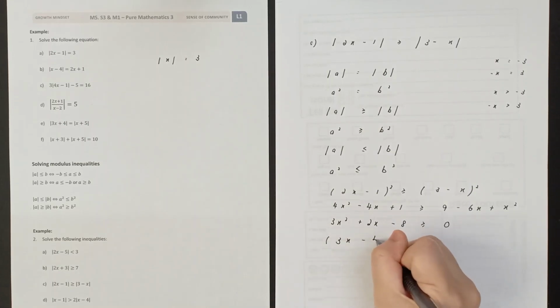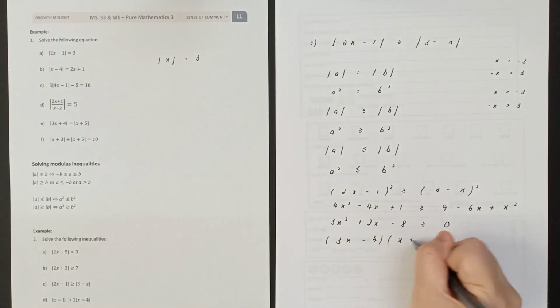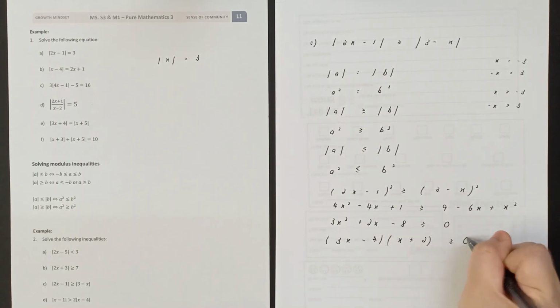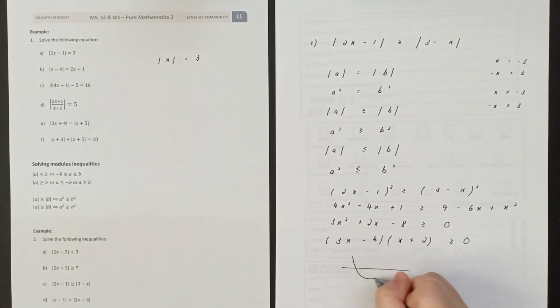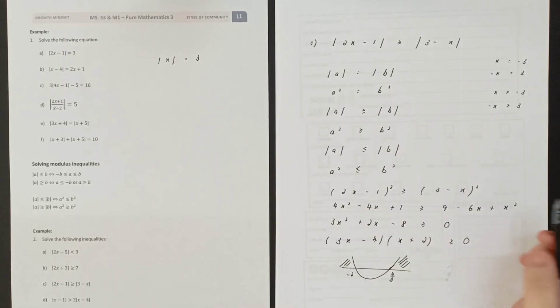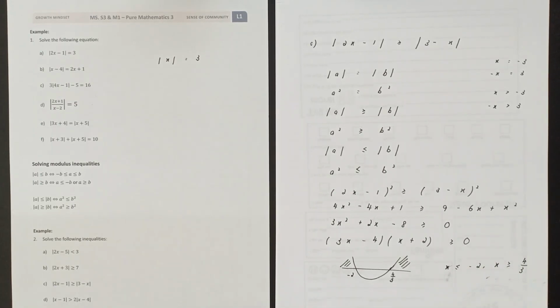So (3x minus 4)(x plus 2) greater than 0. Then you can draw the graph as usual. So -2, 4 over 3, greater than 0. So it should be this part and this part. So what is your x? Your x will be less than or equal to -2 or x greater than or equal to 4 over 3. So this is the answer.